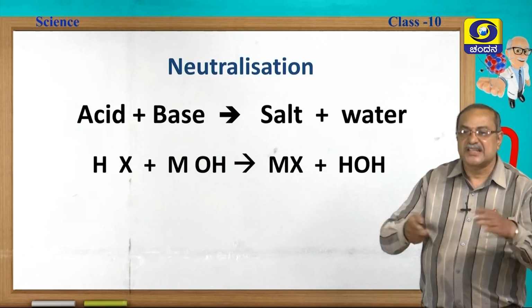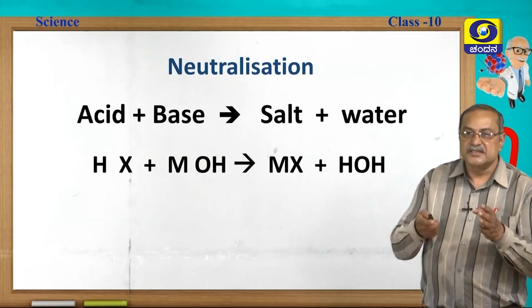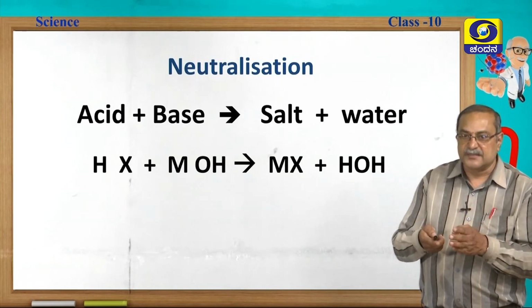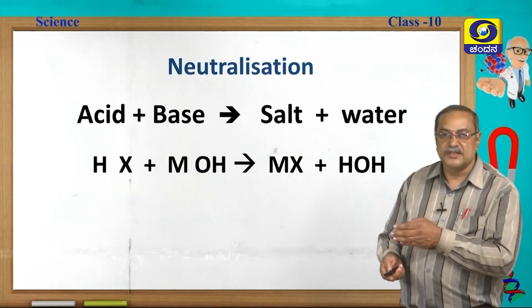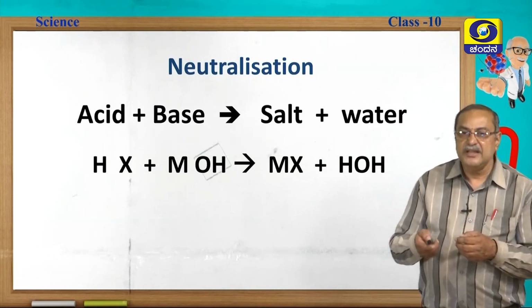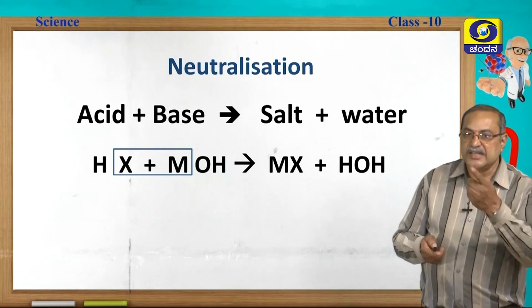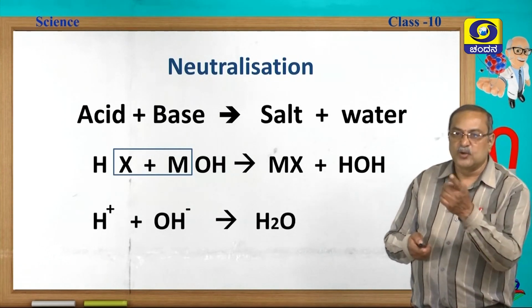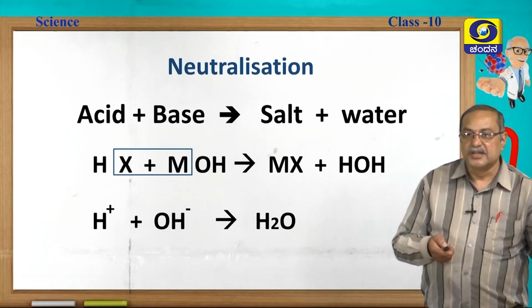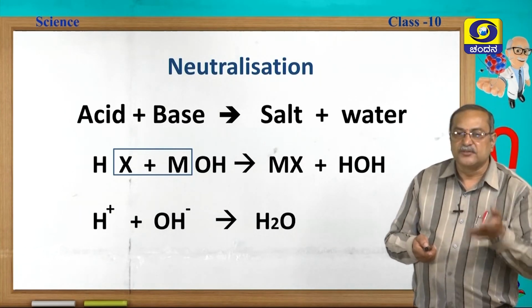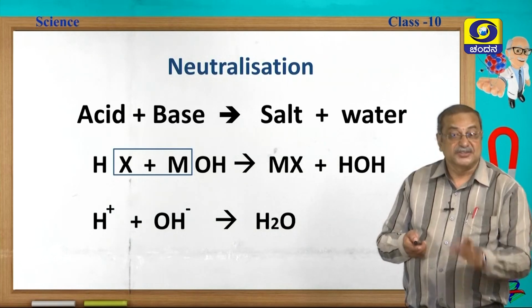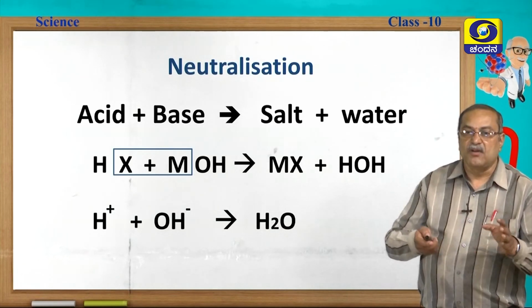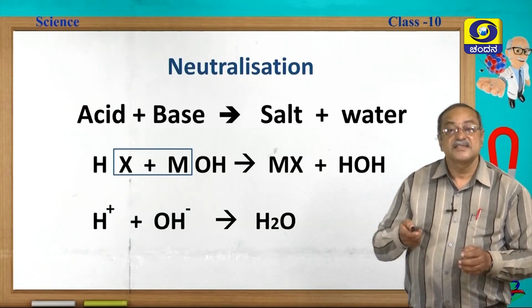They interchange, that is, M combines with X and H combines with OH to form water. So, a salt and water are formed. This is the main neutralization reaction that occurs in acid base solutions.